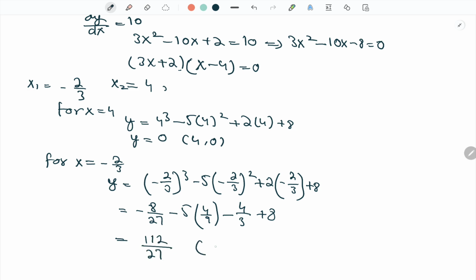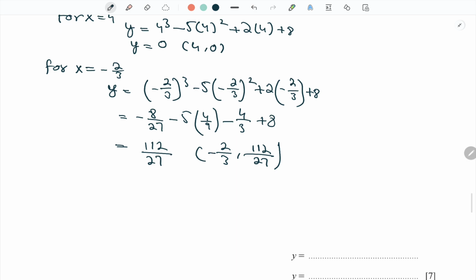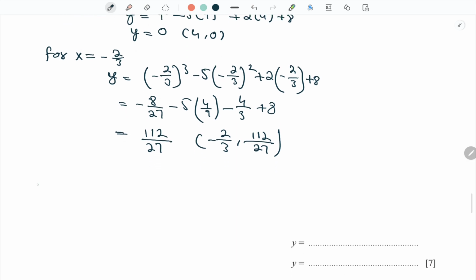That means the point we have, x is negative 2 over 3 and 112 over 27 is y. Okay, so this is the point. We find the answer in the y equals mx plus c form. So for the tangents, m is 10 first, and tangent 1 we have at 4 comma 0.